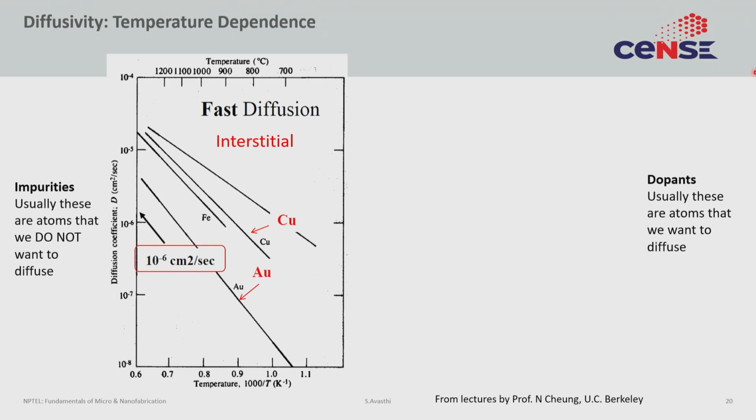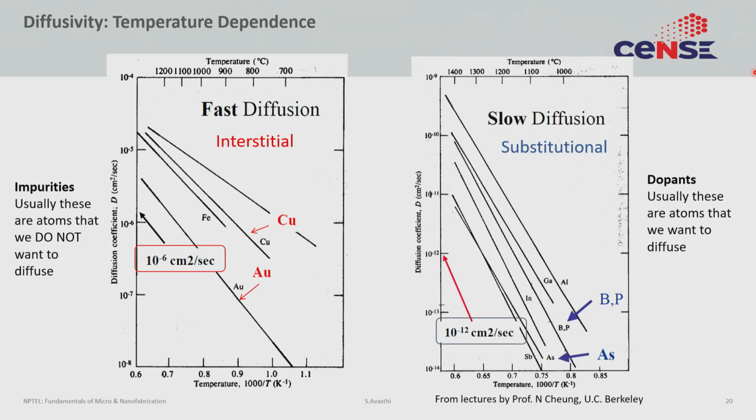Now, what the exact value of diffusivity is really depends upon the impurity you are talking about. So, let us take 2 cases. First, let us take those impurities that are interstitial, such as metals. Gold, copper, iron, they all tend to be interstitial impurities. It also happens that these are not dopants. Since they are interstitials, they can't be dopants, right.